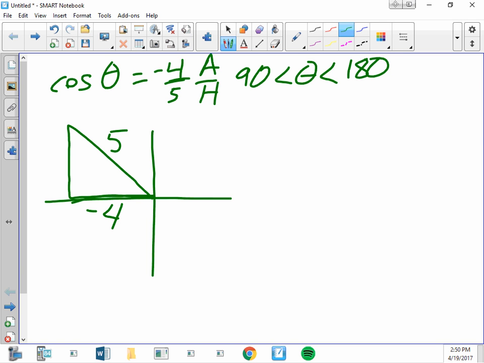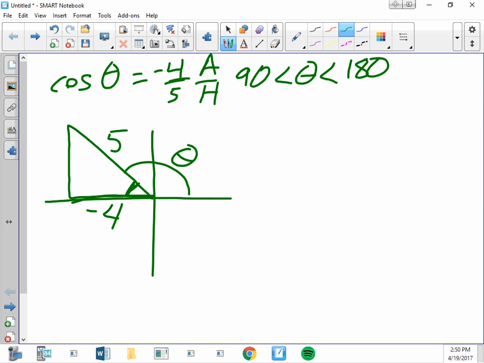So we're in quadrant 2. The x value in quadrant 2 has to be negative because we went left. It told us between 90 and 180. Well, this is always the angle. Well, that's the reference angle.